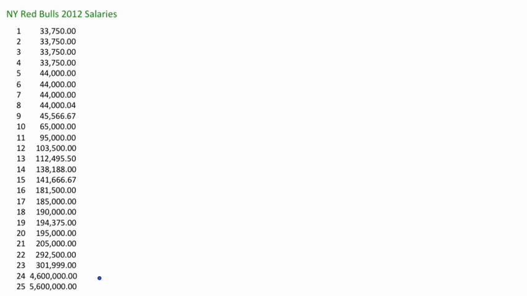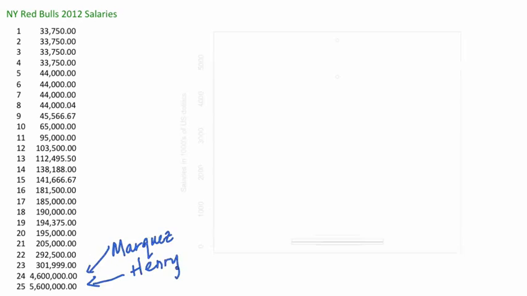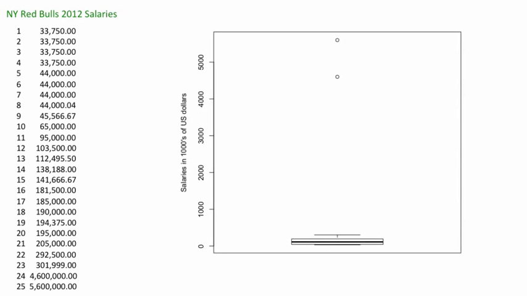As is typical in the MLS, a few players have very large salaries, while most of the players have salaries more in line with the average American. In particular, the salaries of Rafael Marquez and Thierry Henry, who had the largest salary in the MLS, are much larger than the salaries of their teammates. You can see just how unusual Marquez and Henry are by looking at a modified box plot. The box needed to be very compressed to fit them on the screen.